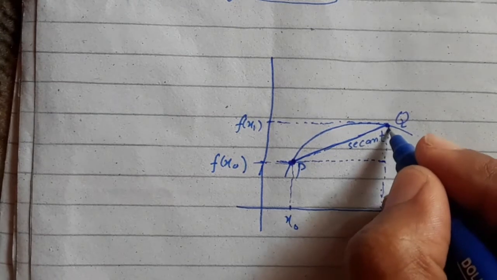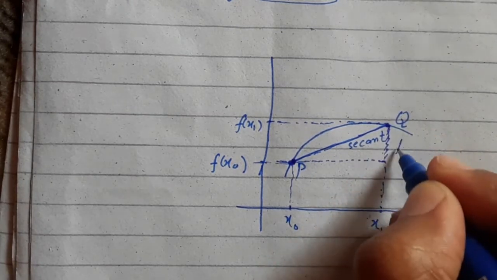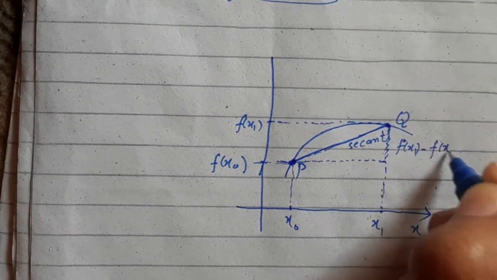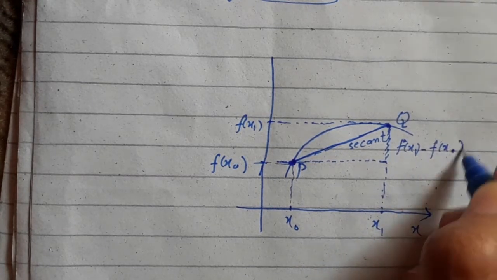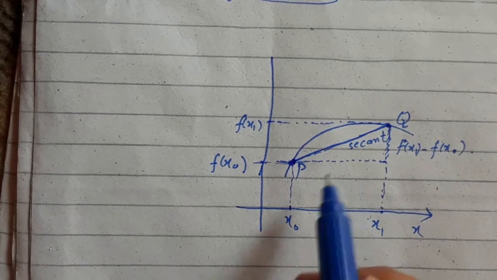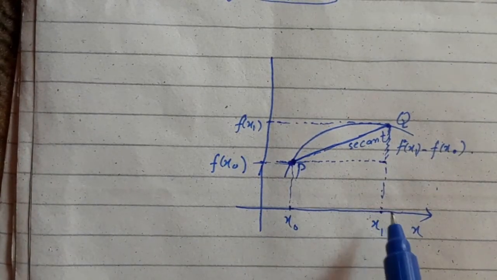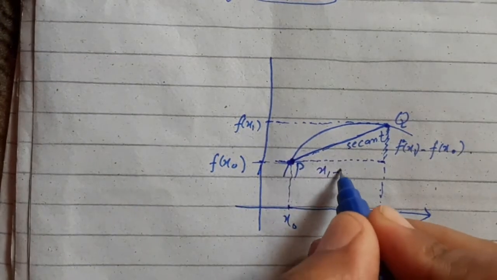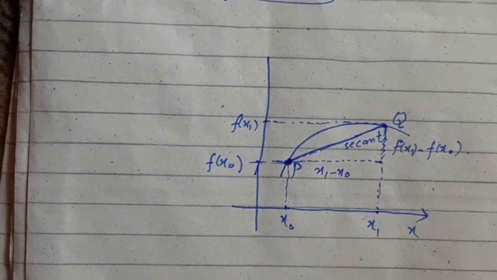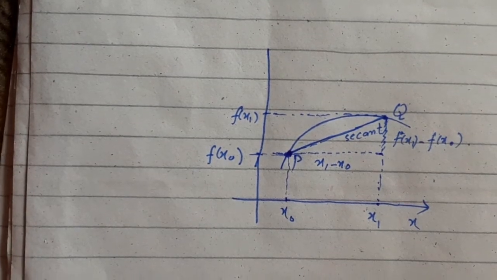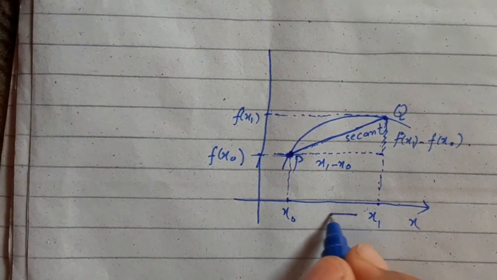So this much portion is f of x1 minus f of x0, right? And this much portion, from here to here, is x1 minus x0, right? So now I'll be talking about the limiting condition when my x1 is approaching x0.